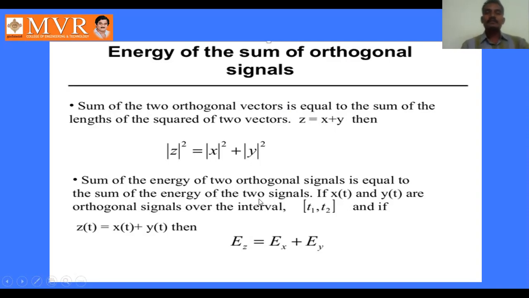Next, the energy of the sum of two orthogonal signals is equal to the sum of the energies of the two signals. If x of t and y of t are two orthogonal signals over the interval t1 to t2, and if the sum is represented by z of t equal to x of t plus y of t, then its energy Ez is equal to Ex plus Ey.